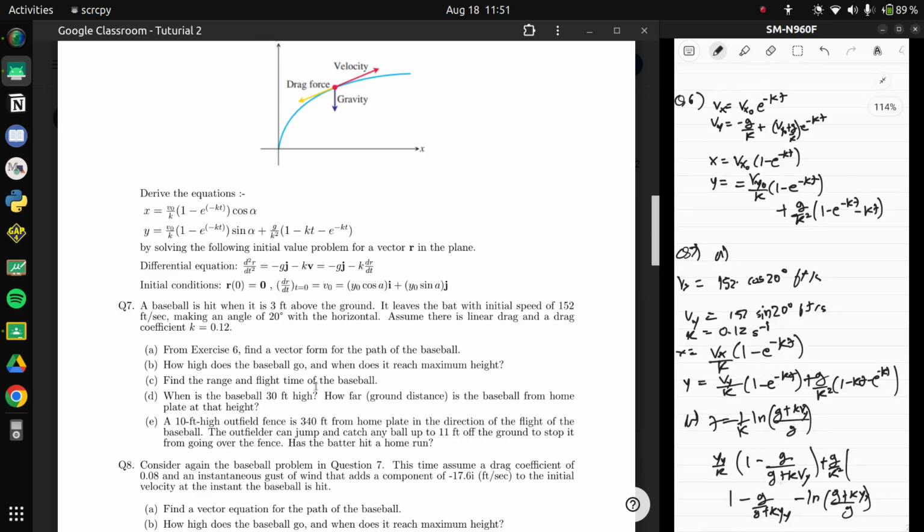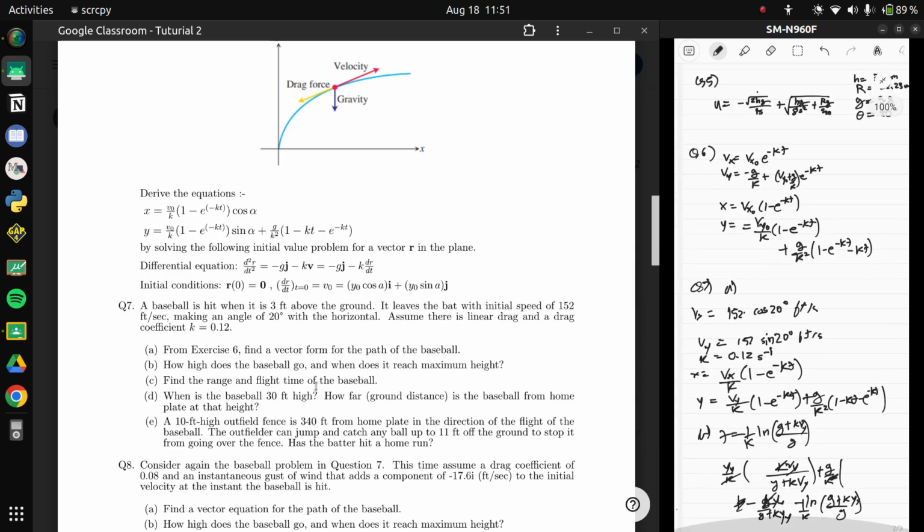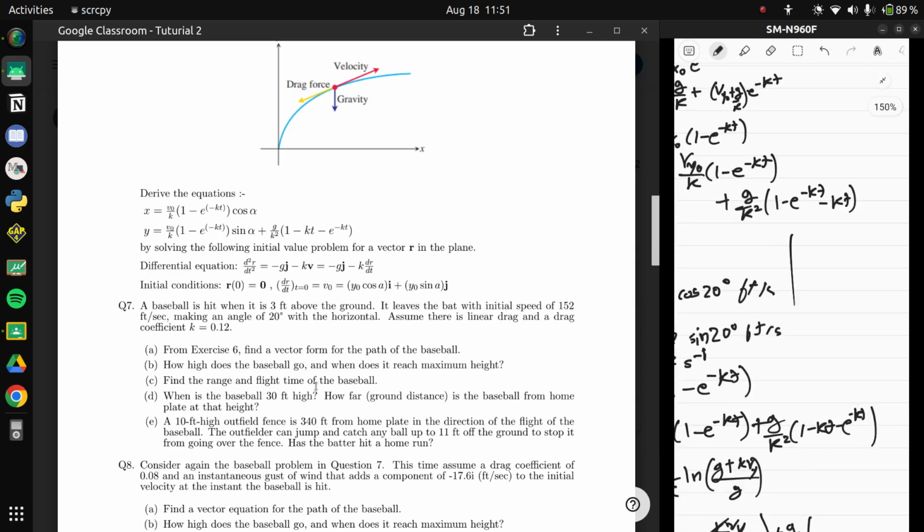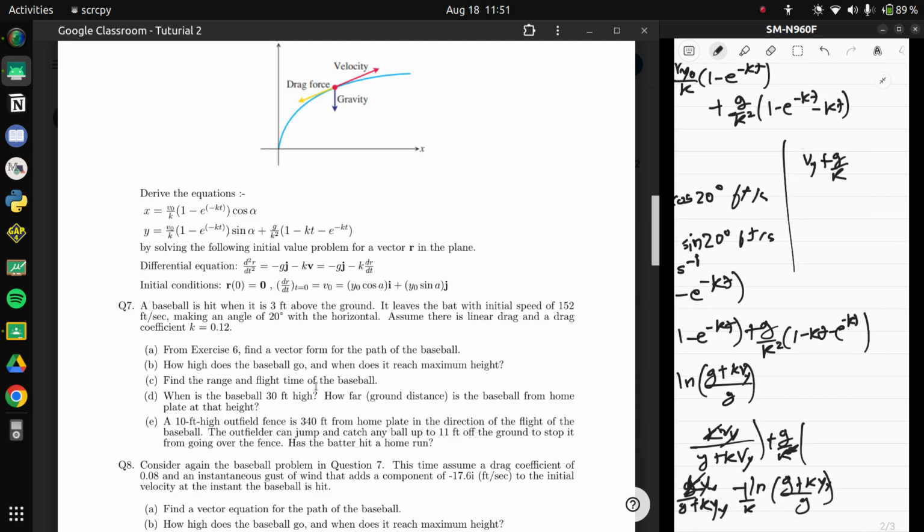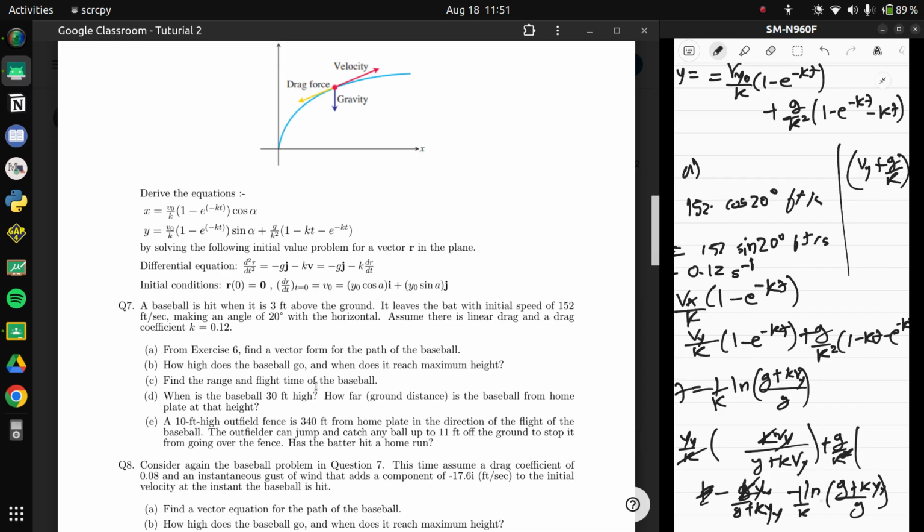So this just happens to be k Vy upon g plus k Vy. Similarly over here, just k Vy, all that. Now this k cancels with that, this k cancels with this, and you have 1 upon k over there. That's okay, right? So what do you just have? Vy plus g by k, combined.